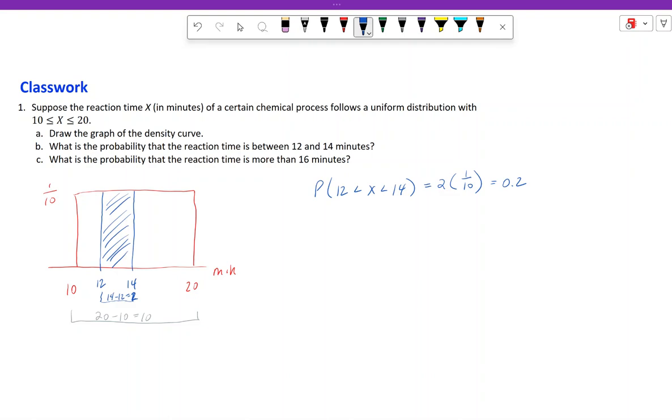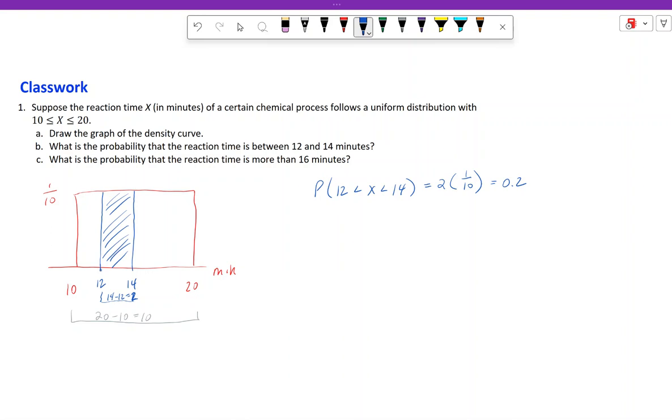The second question here, part B, asks to find the probability that the reaction time is between 12 and 14 minutes. You can see my probability statement here in blue. Capital P, the probability that my reaction time X is between 12 and 14 minutes. So when I come to the density curve we drew, I'm going to draw a new rectangle, which I have color-coded in blue here.